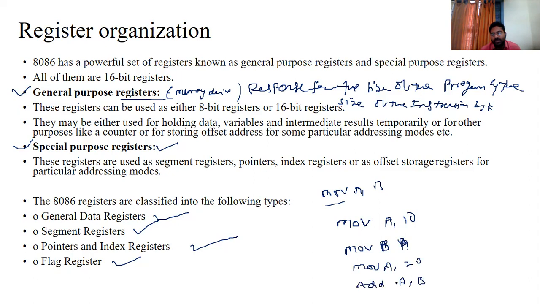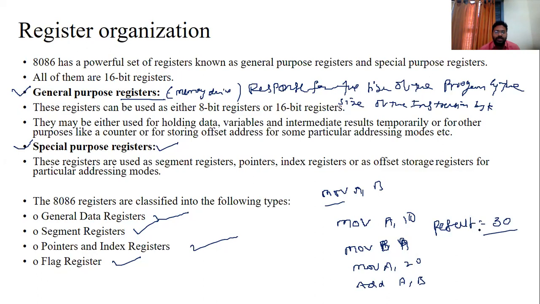What is the answer for this? The result is 30. First of all, I just wrote this small simple program. It may have some instruction mistakes, but for your easy understanding, I wrote it like this.